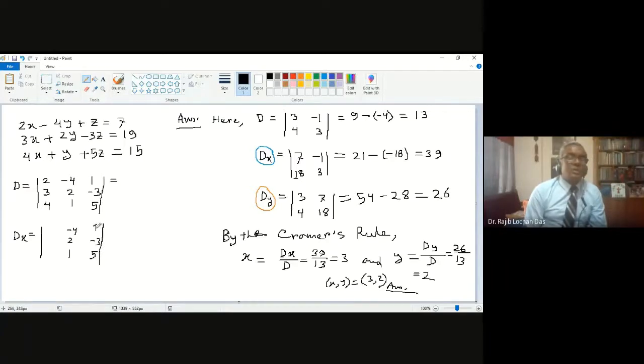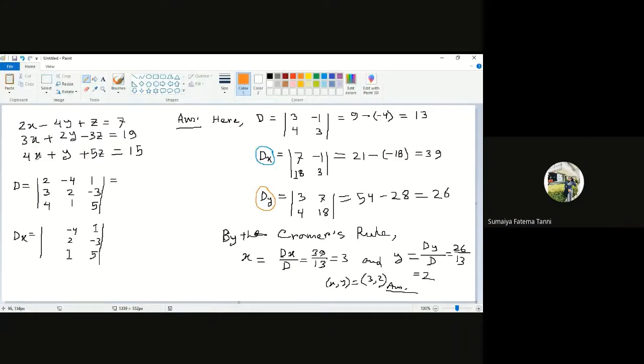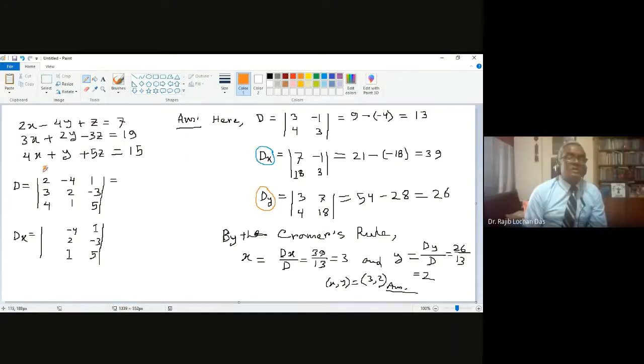You change only the X column, right? So which one is the X column? The first one. The first column is the X column. Second column is the Y column, and third column is the Z column. You understand what I'm saying?